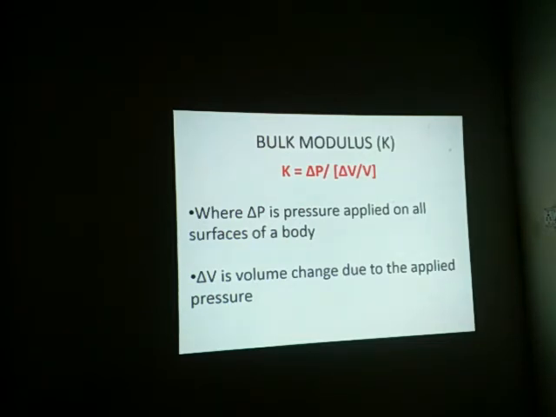Where delta P is pressure applied on all surfaces of a body, because the entire surface is applied by some pressure, the whole body will change its shape under the influence of this pressure. So the effect of the bulk modulus is visible over the entire body, and the delta V, that is change in volume, is due to the applied pressure only.